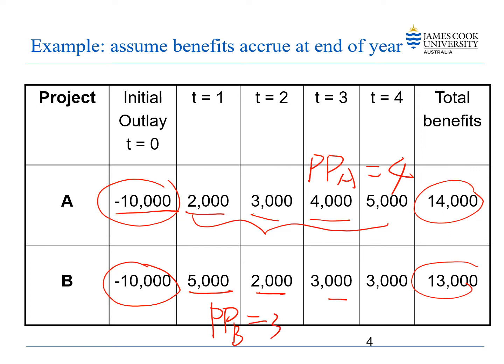If we use payback period as the decision rule, we will conclude that project B is better than project A because it has a shorter payback period. But it is clear that project A actually gives you a higher level of total benefits and total net benefits as well.